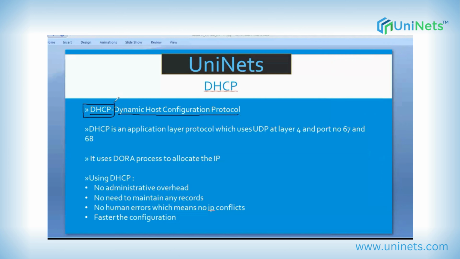It is an application layer protocol, which means it works at layer 7. And remember, being a layer 7 protocol, it will have two things in common: which layer 4 protocol, and what is the port number it is listening on. So the layer 4 protocol is UDP, and the port number, actually it uses 67 and 68, but it listens on port number 67.